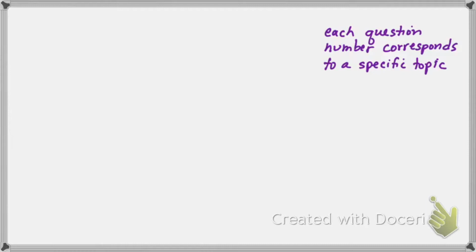So knowing the topics ahead of time allows you to pick and choose. If you're new to physics, if you don't have a lot of experience, pick a few of those questions that you're going to tackle, a few of those topics you're going to try to learn, and don't worry about the rest. Now, I know that's kind of preparation before you get to the exam, but choosing your topics wisely is a good strategy, especially for those of you that are just now starting out.